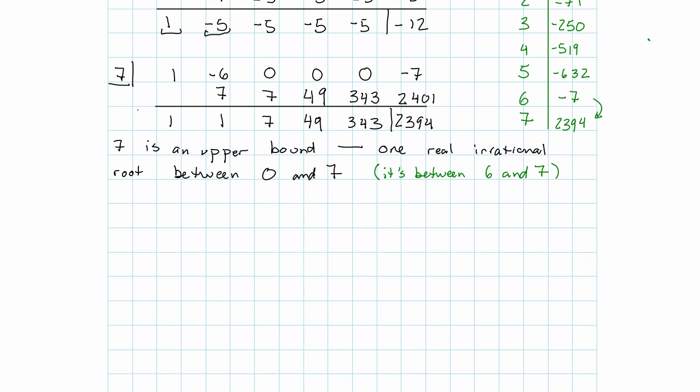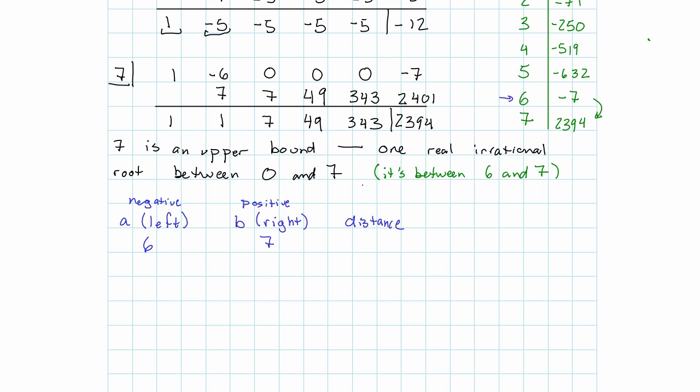I'm going to set up a table to help me keep track. So A, that's my left end. That's going to start at 6, where f of x is negative. B, that's my right end. That's going to start at 7, where f of x is positive. Then I'm going to have the distance between them.